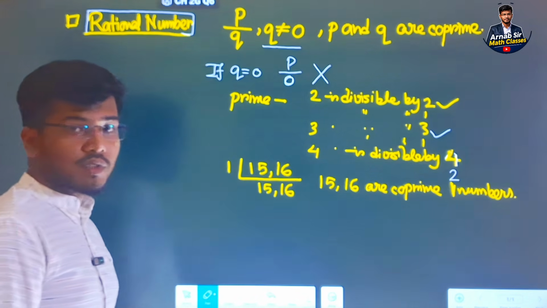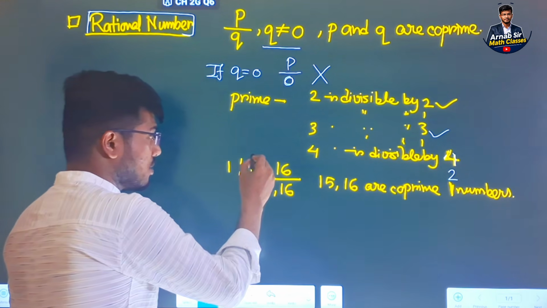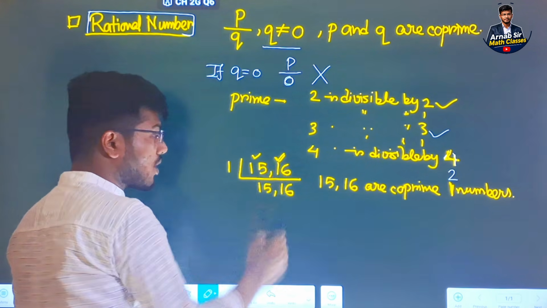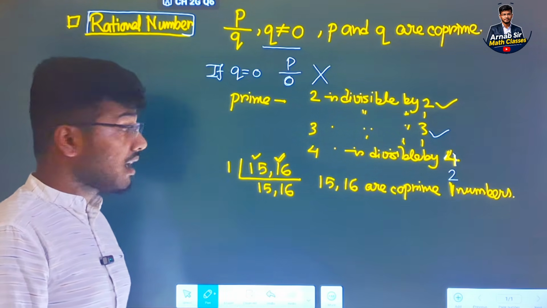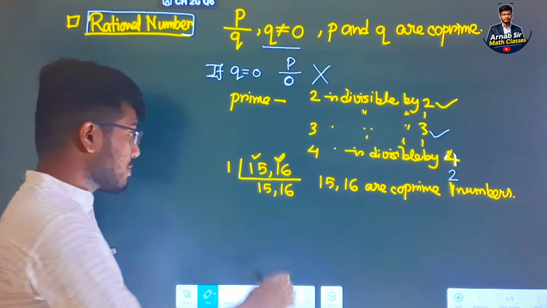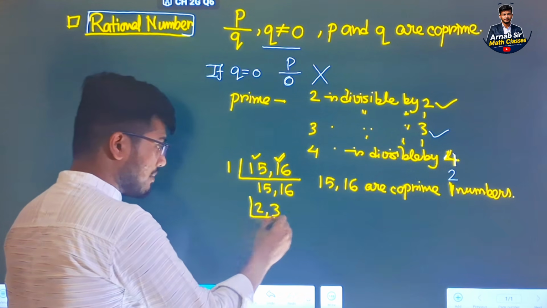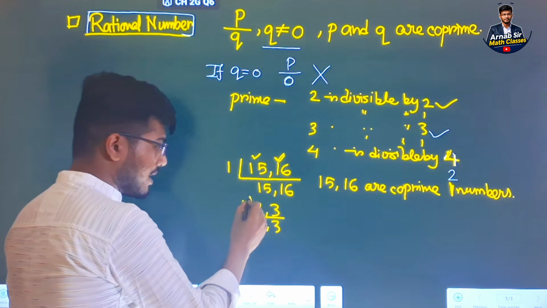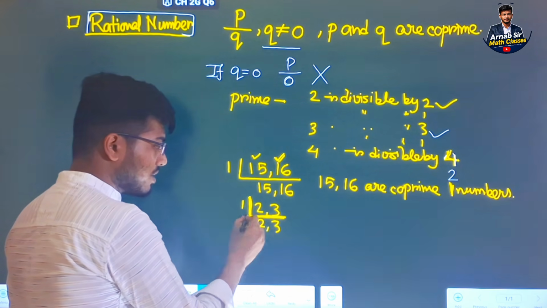In a co-prime pair, the numbers are not necessarily prime. Suppose we take 2 and 3. Both are prime numbers and also co-prime, because the common divisor of the two numbers is 1.